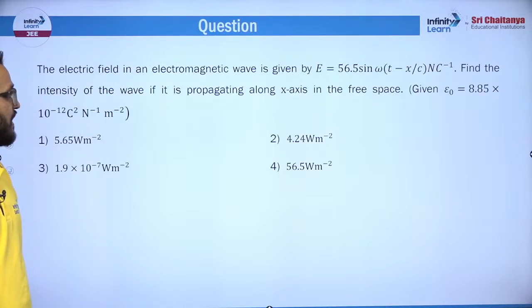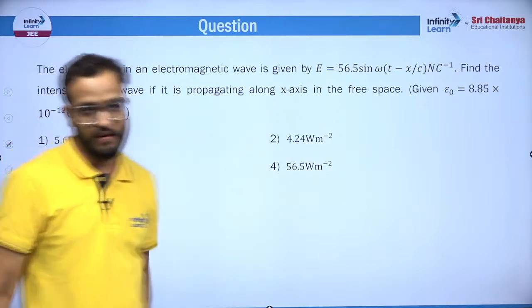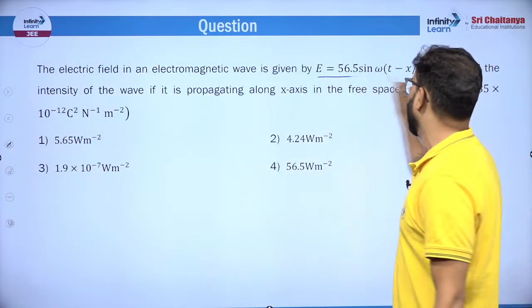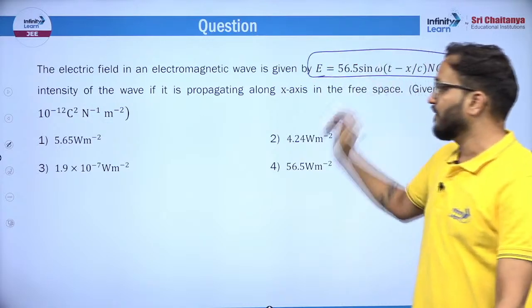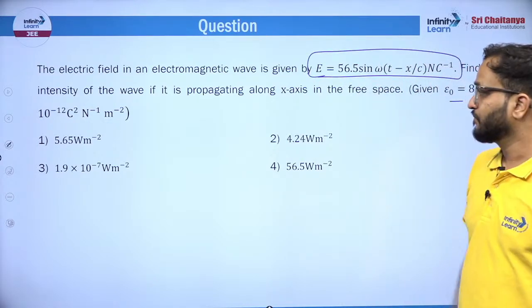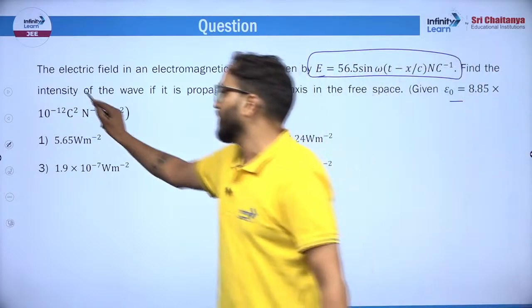Okay, the electric field. Now electric field in an electromagnetic wave is given by 56.5 sin(ωt − x/c). Okay, so this is the formula for the electric field given. Epsilon naught is also given. What they are asking is find the intensity of the wave.